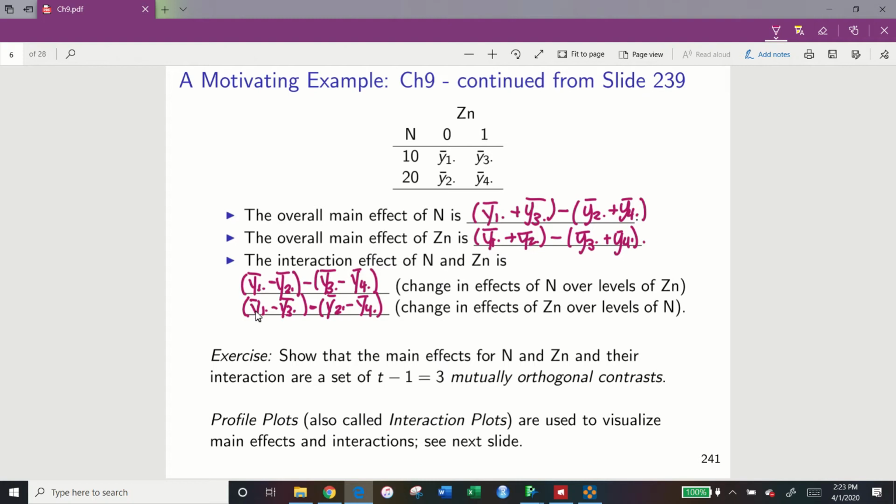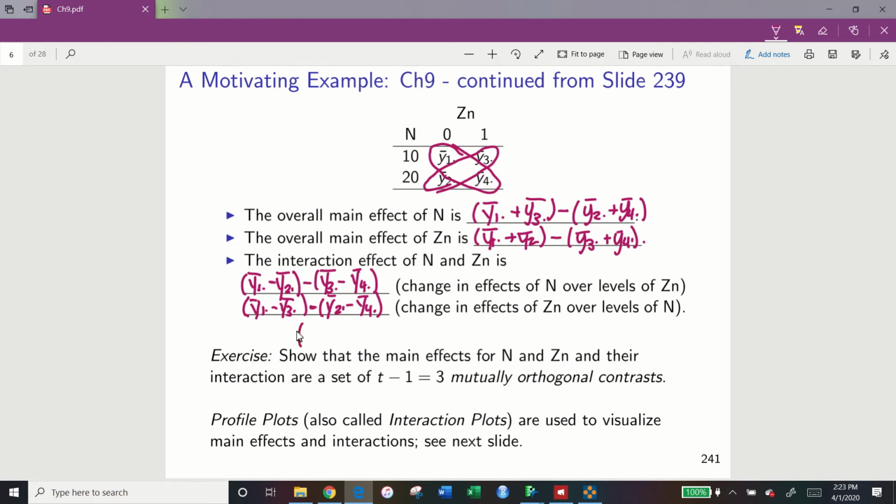However, what this really boils down to when we're trying to see this interaction effect is comparing our nitrogen and zinc with both at the high level or both at the low level, and then comparing it to nitrogen and zinc in a combination of high and low levels.